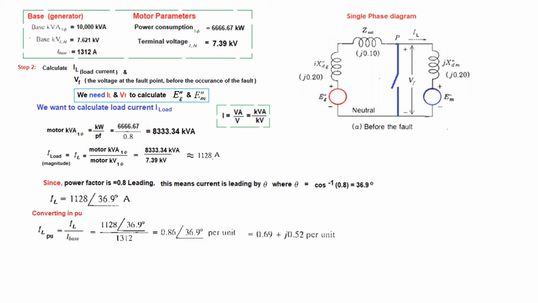So dividing it by the base was 1312. So we get this result in per unit. And the terminal voltage Vf we can write is the terminal voltage of the motor, which was single phase 7.39, divided by the base voltage we had calculated from here. This is the base, so we'll use the base 7.621, so it is 0.97 angle 0 per unit.